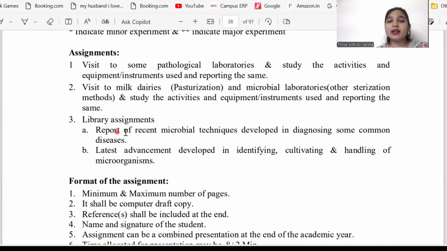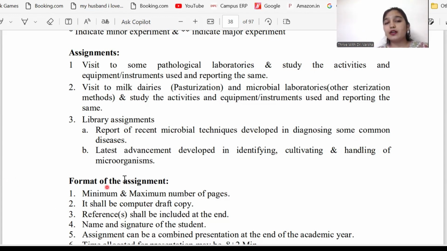Then third assignment, you have to make a report in word format about the recent microbial techniques developed in diagnosis of some common diseases. If you take typhoid, TB, malaria, if any microbial techniques have been developed recently, you can refer to Science Direct, Sci-Hub, refer to research articles on those sites, and then you can make this report.